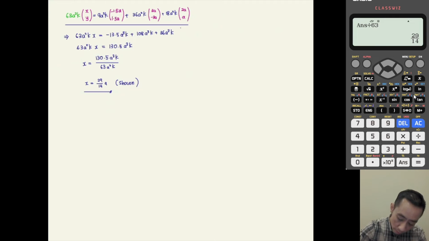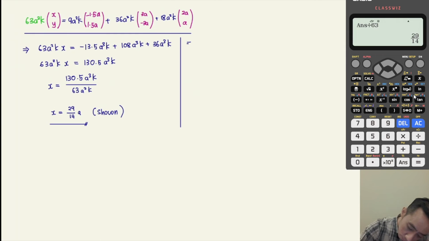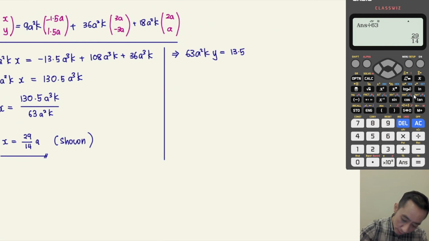At the same time, we can also find the y coordinate for the center of mass. So 63a squared ky equals 9 times 1.5, so it's 13.5a power 3k, and then minus 36 times negative 3, that is 108a power 3k, and then 18a power 3k.